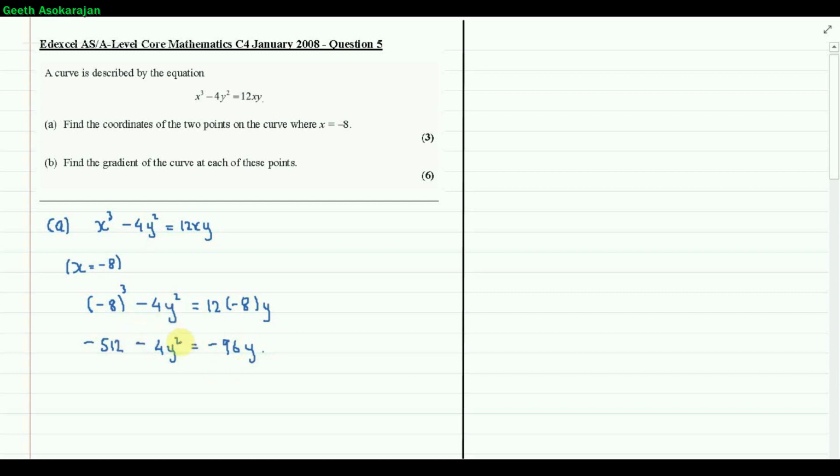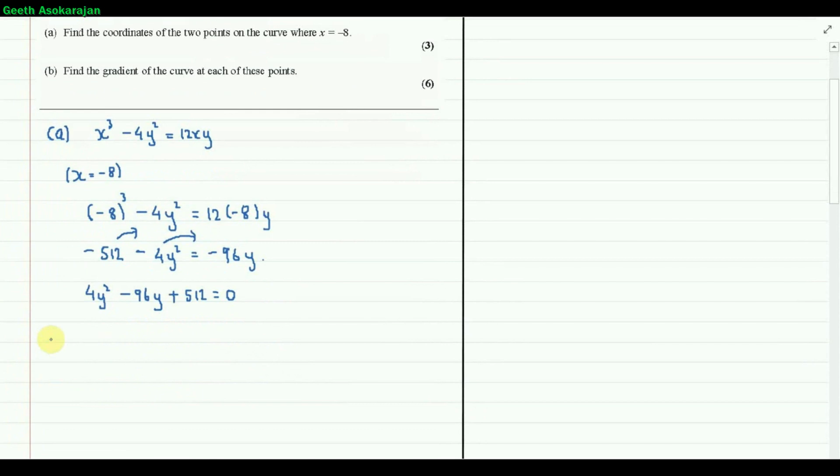Let me rearrange this to form a quadratic. If I take these two terms on the left and move them to the right, we get 4y squared minus 96y plus 512 equal to 0. So this is the resulting quadratic in terms of y.